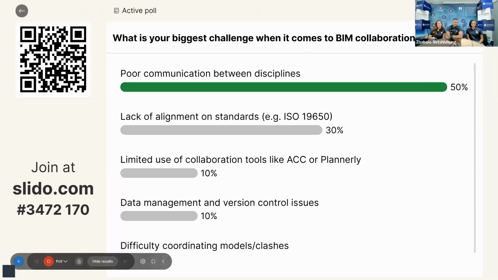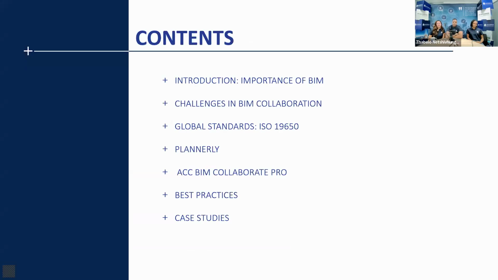All right, so just getting into it. For this session, we will be going through the importance of BIM. We'll speak a little bit about challenges that we have in BIM collaboration. I will talk about ISO 19650 at a high level.